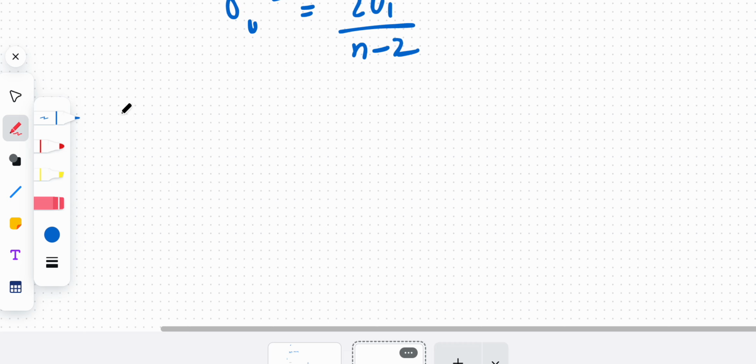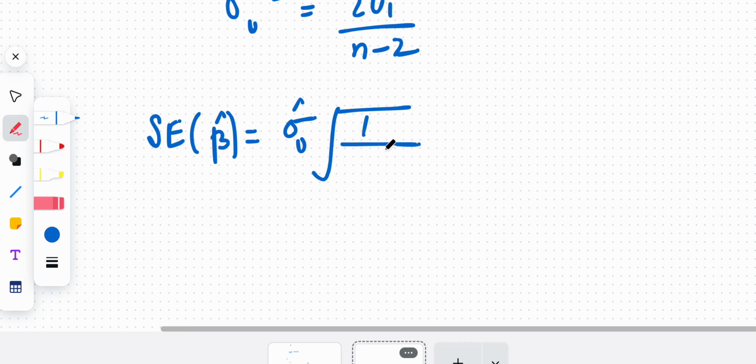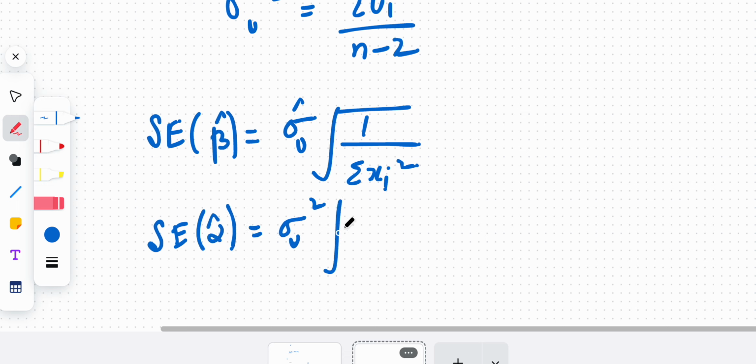Thus my standard error for beta would be, right, and my standard error for alpha would be, so you can calculate everything, it's just that I am choosing not to right now.